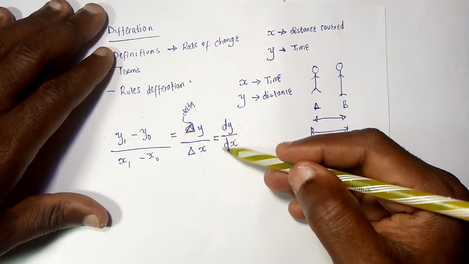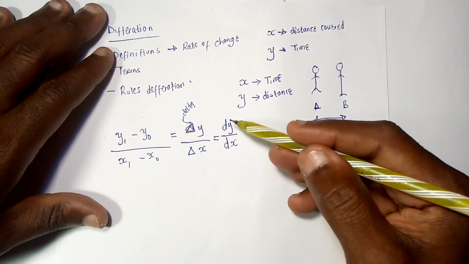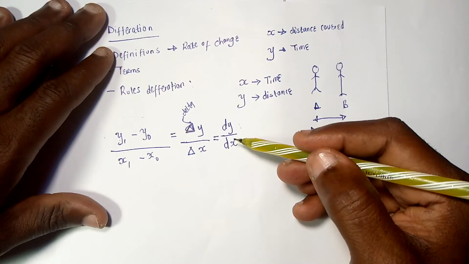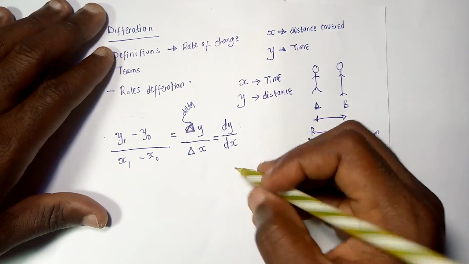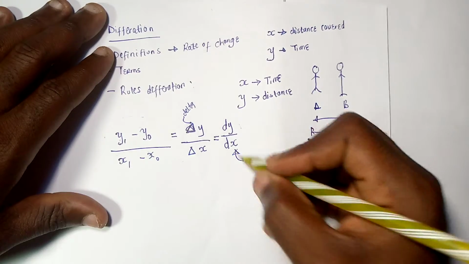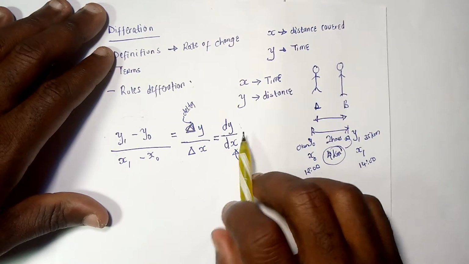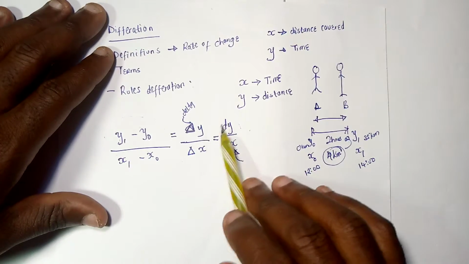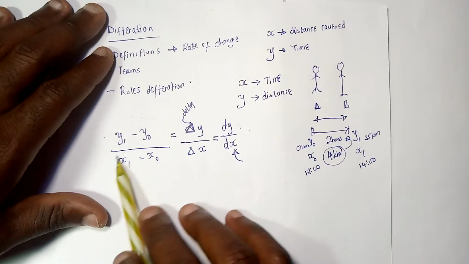This is the differentiation of y with respect to x. So whatever is down here, that is what it is with respect to. The differentiation is taking place with respect to x.